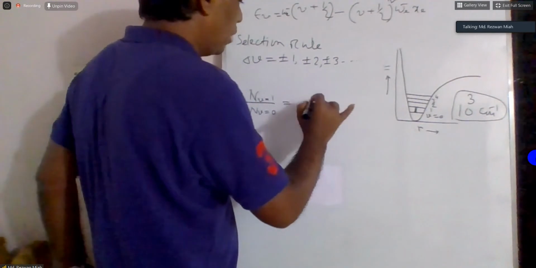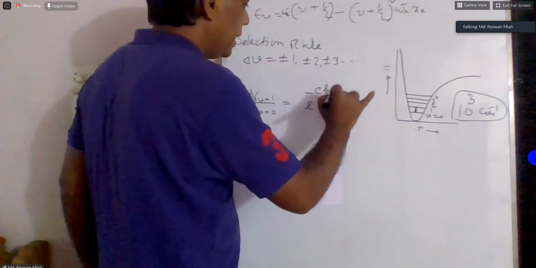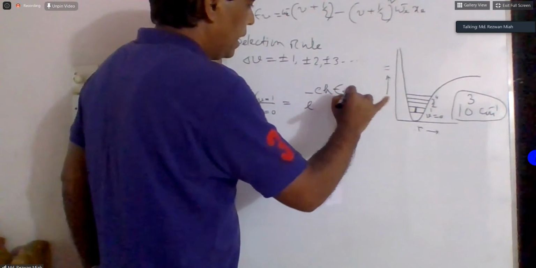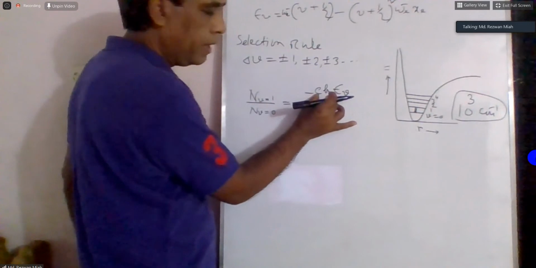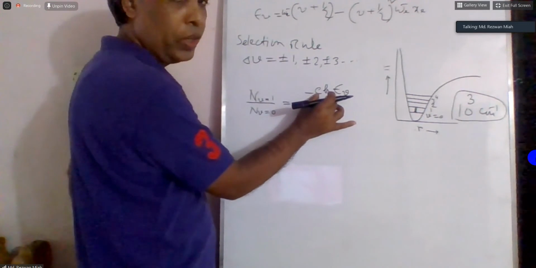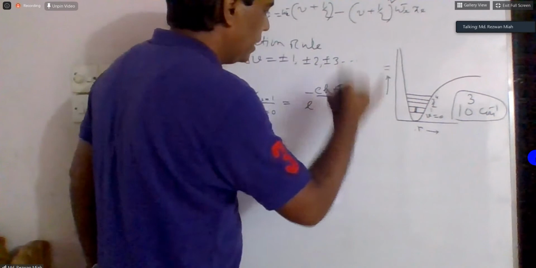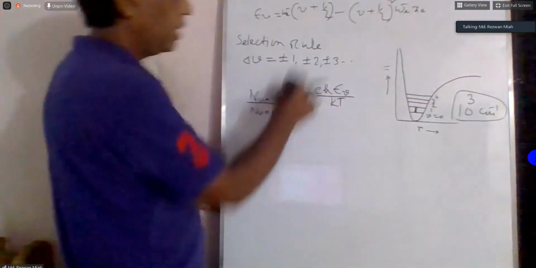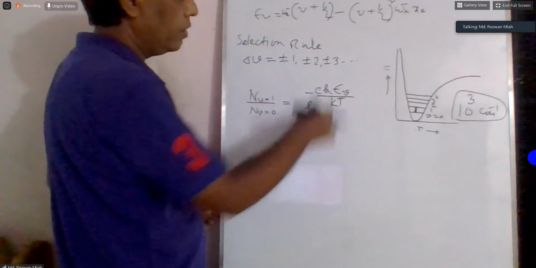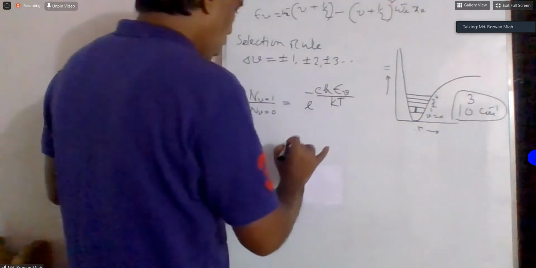I will make this calculation as I did for rotational spectrum, same thing. We have hcc and energy in per centimeter, energy in per centimeter times hc, so it becomes energy in joules divided by Boltzmann constant times T. I hope students you can recall this from my lecture on rotational spectroscopy. Now put the values.